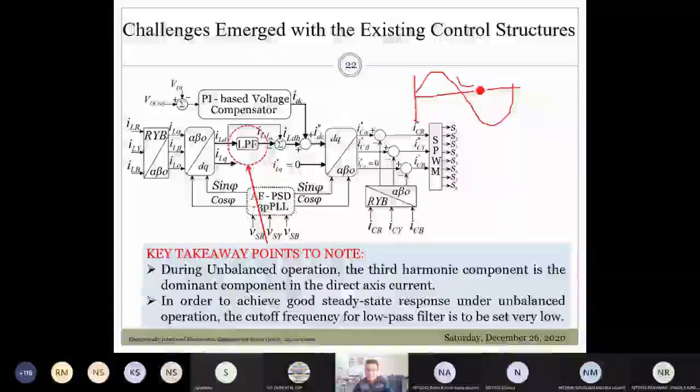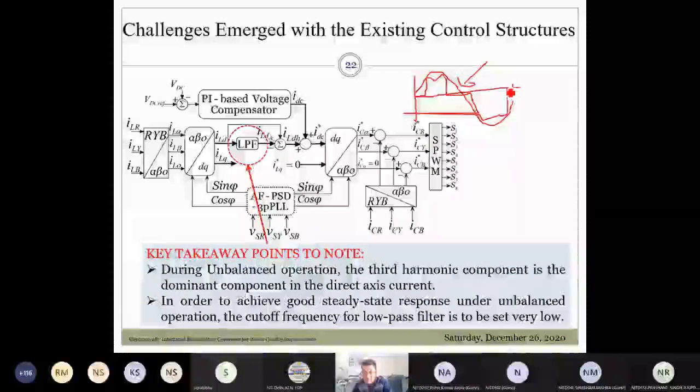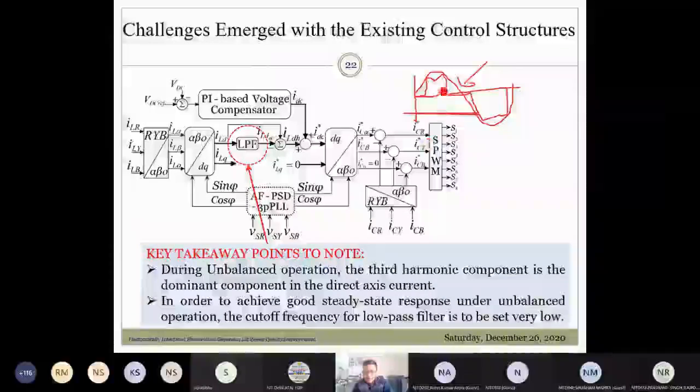Let's consider this as a reference grid current which you have generated through the control algorithm, and this is your actual grid current which looks something like this. When the active harmonic filter is disabled, the grid current and load current are identical, and that will look something like this: non-sinusoidal, because it is contaminated with harmonics.